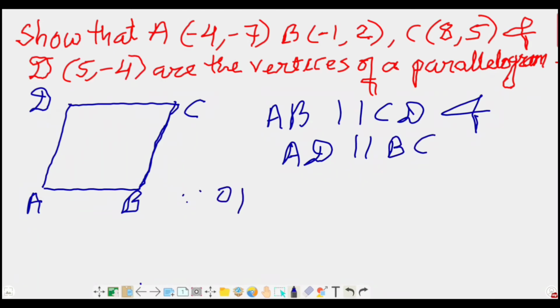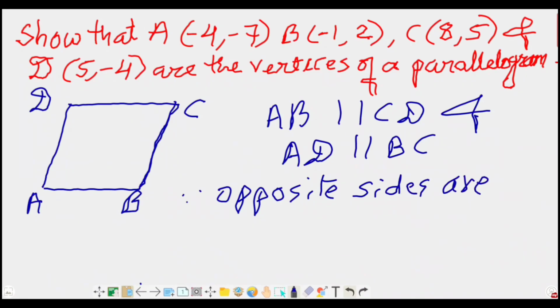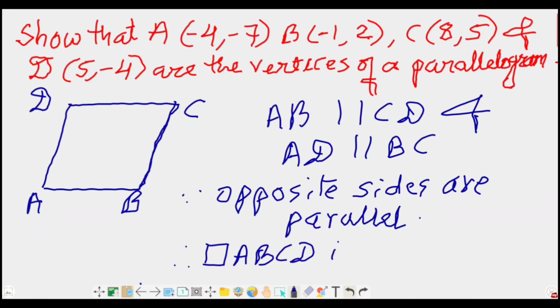Since opposite sides are parallel, you know that when opposite sides are parallel, the quadrilateral is a parallelogram. So based on that, you can say now, therefore quadrilateral ABCD is a parallelogram. So the concept of slope is applicable here, and it is easy to solve by using this concept.